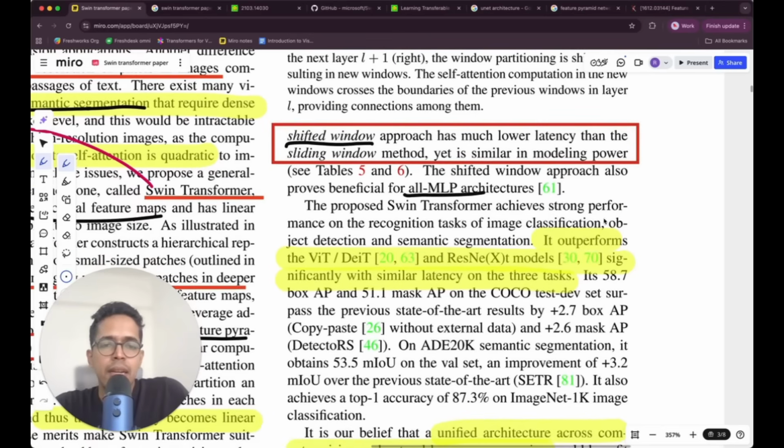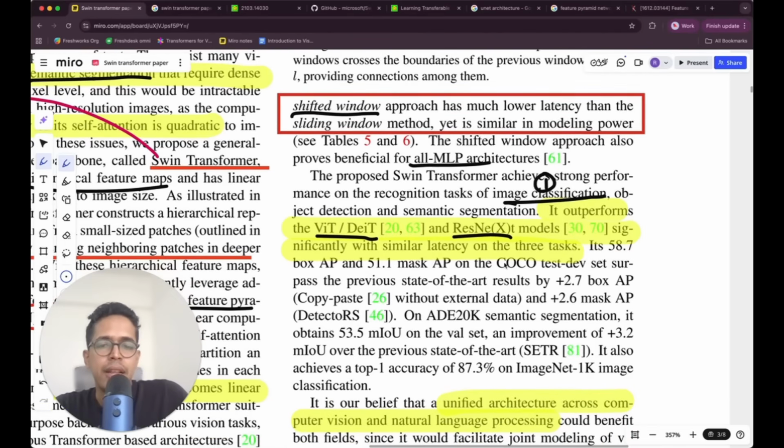"The proposed Swin Transformer achieves strong performance on recognition tasks of image classification, object detection, and semantic segmentation." So these are the three, I would say, horsemen of image tasks, right? Detection, classification, segmentation. It outperforms Vision Transformer and Data-efficient Transformer, and it also outperforms ResNeXt models significantly with similar latency on the three tasks.